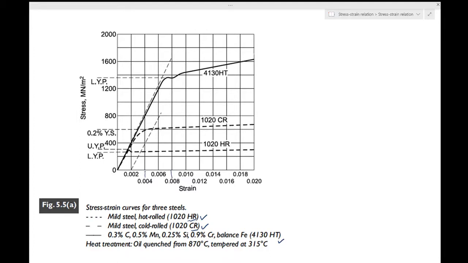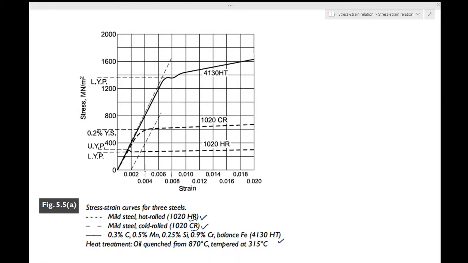You don't have to worry about the manufacturing process as of yet, but the whole point is that the way you make your steel, which is a mixture of iron and carbon, will define the material properties. So as of now, please take them as three separate materials.